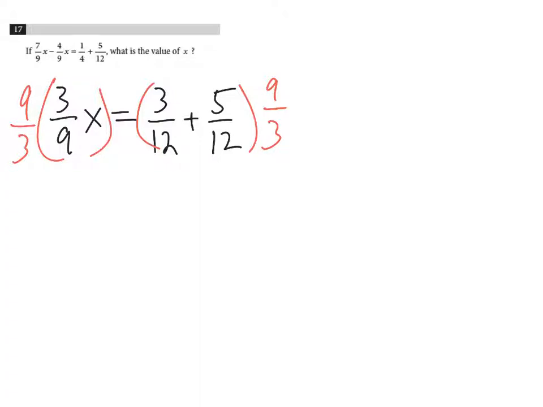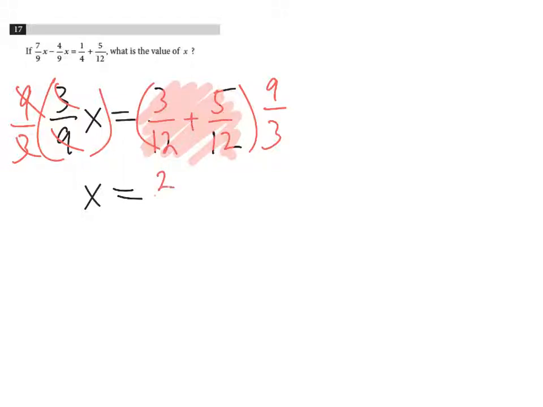9/3. Okay. These guys are going to cancel out. I'm just going to have x. And on the right side, this is going to be 8/12. Okay, 8/12 can simplify, divide by 4.